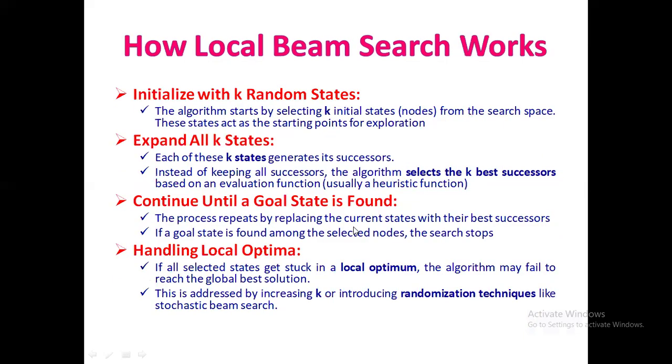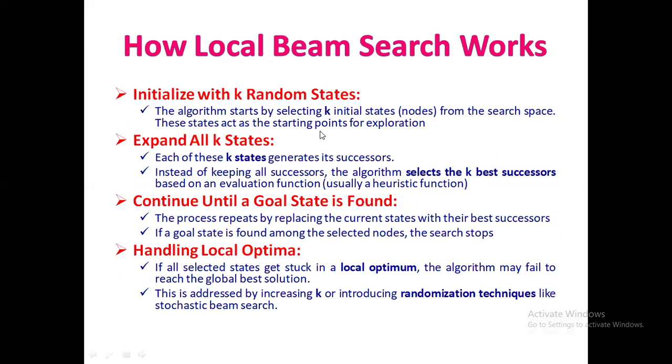Next, we'll see the working of local beam search. The algorithm begins by selecting k random initial states from the search space. These states serve as starting points for exploration. In each step, all k states generate their successors. Instead of considering all successors, the algorithm retains only the best k successors based on a heuristic evaluation function.